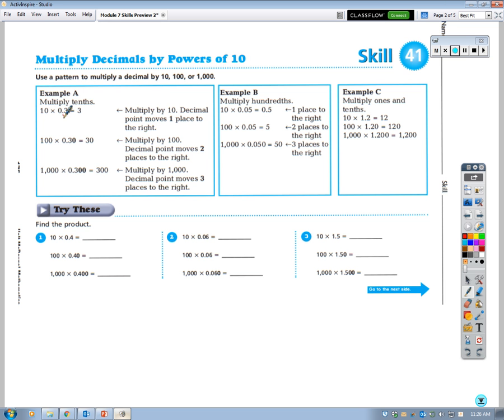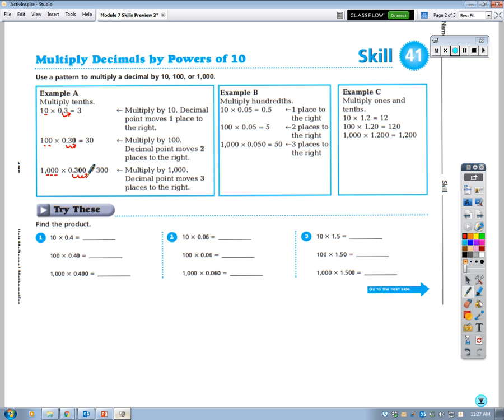We've got 1 zero, we move it 1 to the right. Here, we've got 2 zeros, so we would move this decimal 2 to the right. This one we have 3 zeros, so we would move that decimal 3 to the right.